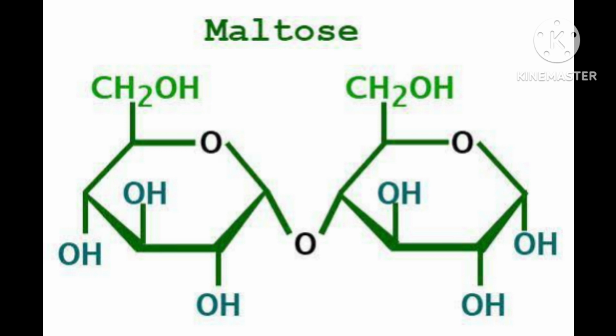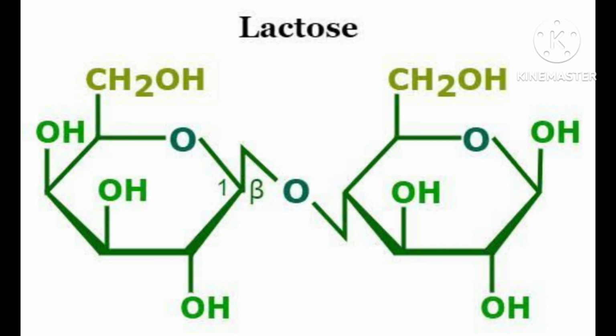Thus, hydrolysis of sucrose brings about a change in the sign of rotation from dextrorotatory, means positive, to laevorotatory, means negative, and the product is named invert sugar. Correct?